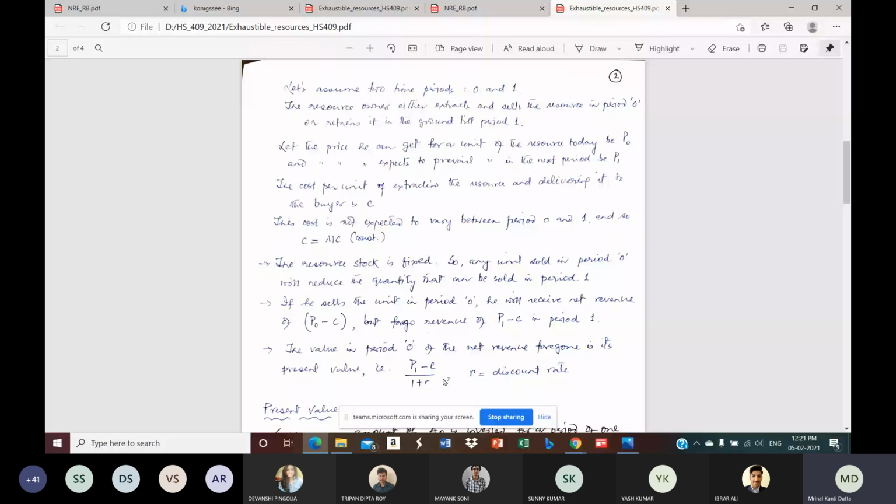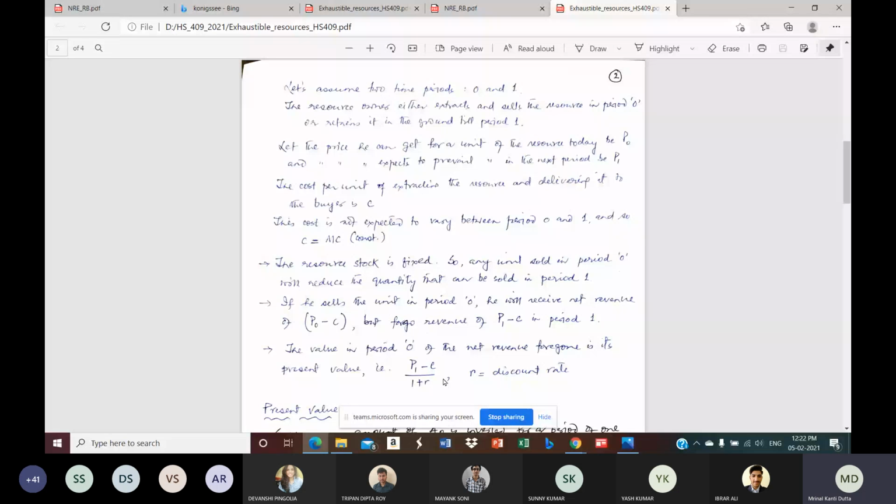Now, as we know, this is an exhaustible resource. The stock is fixed. So any unit which is extracted and sold in the present time period, suppose period 0, will reduce the amount available for selling in future period 1. That's the rivalry in consumption that we talked about. So there is a trade-off.